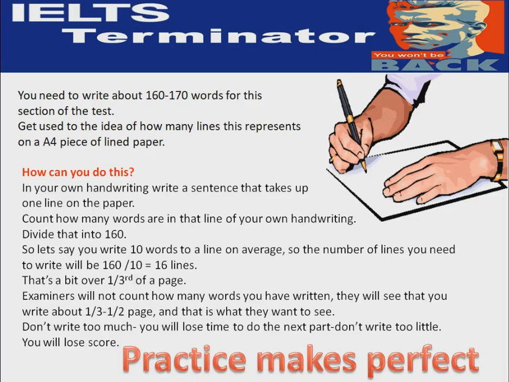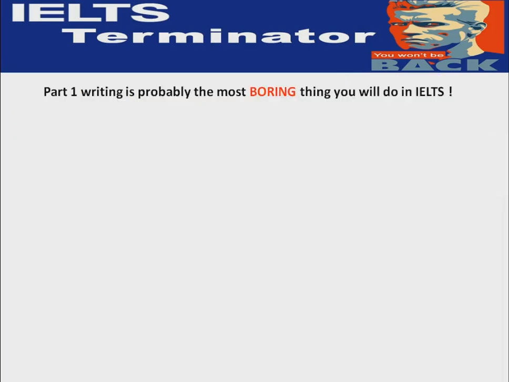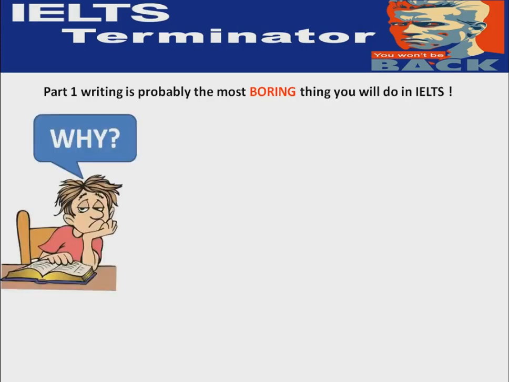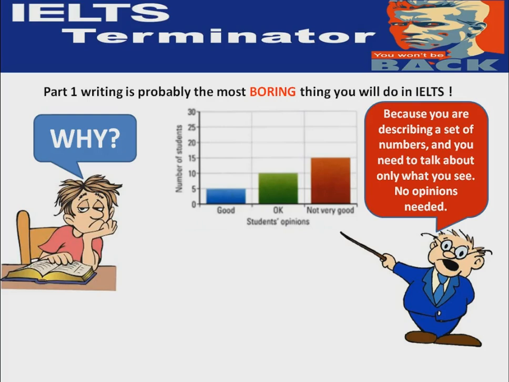Part 1 writing is probably the most boring thing you will do in IELTS. Why? Why is it boring? Well, it's because you're describing a set of numbers, and you need to talk about only what you see. No opinions are needed.